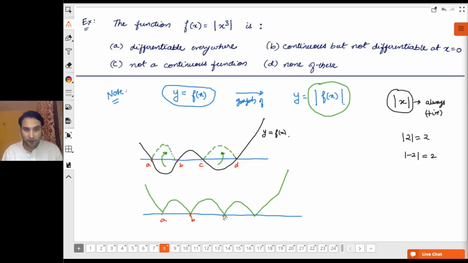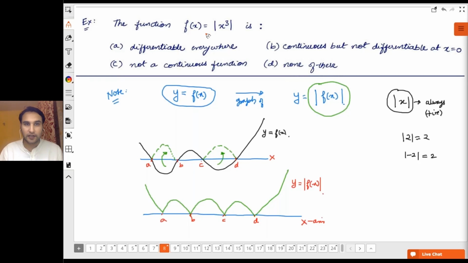And this is the graph of y is equal to mod of fx. So guys, whenever you take a mod of a function, all the negative portions of the graph will just jump up, a sort of mirror image with respect to the x-axis. Got it?